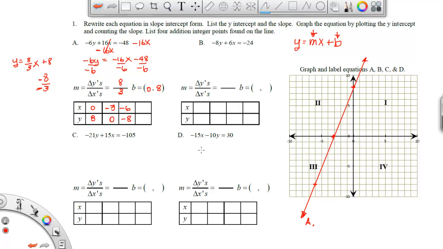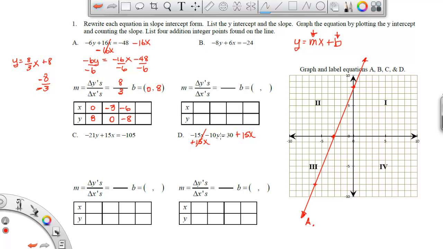Okay, now let's go ahead and jump down and do problem D here. We do it the same way. So it's a negative 15x for the x terms, so I'm going to add 15x to each side. So I know that's gone, and I'm going to take a little bit of a shortcut.